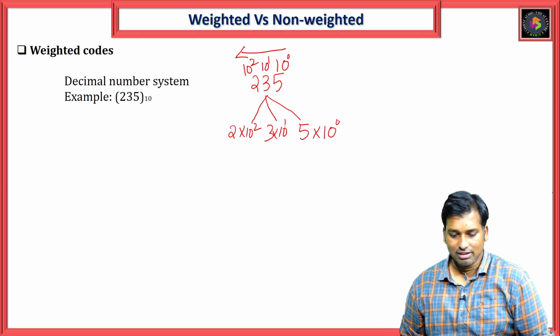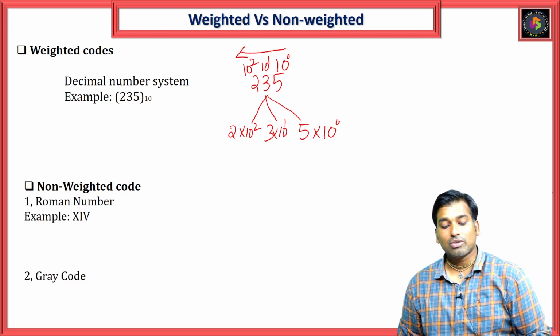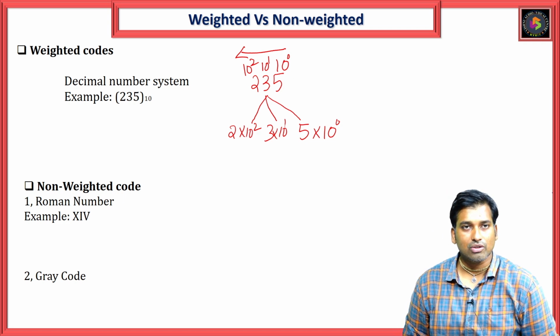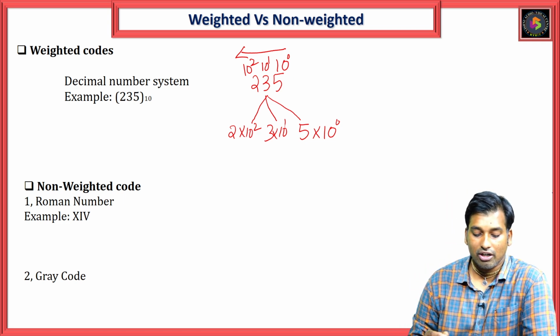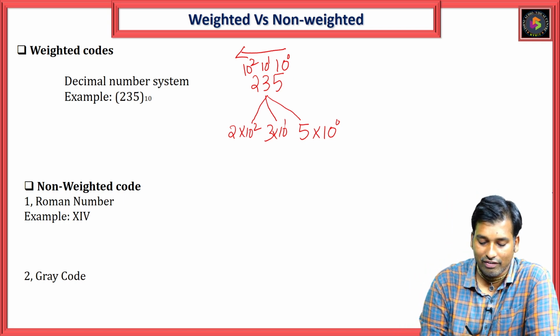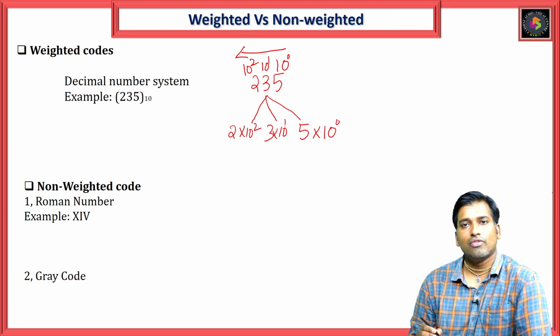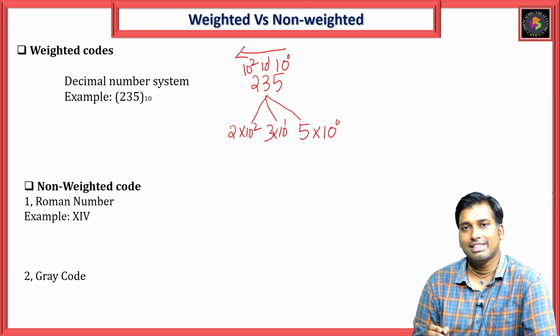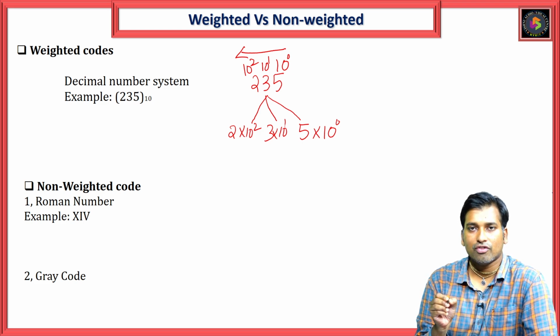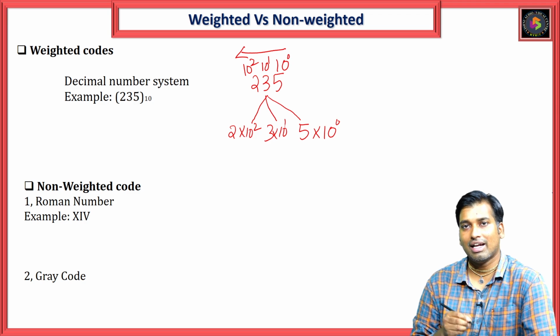Along with weighted codes, there are also non-weighted codes. That means there are no weights to each and every code. When we come to non-weighted codes, each code is represented with a specific number, unlike weights.